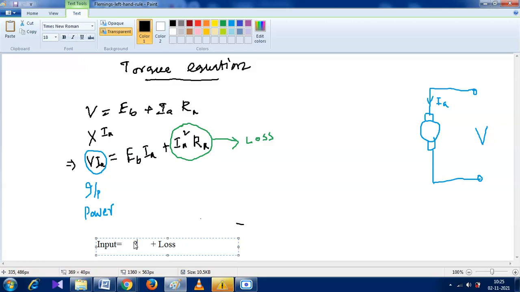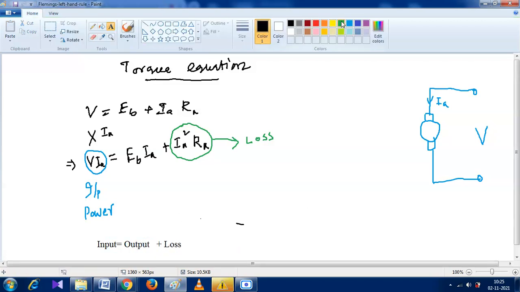You know that equation, input is equal to, there should be something. Input is what? Output. Good. That means this term should be output. So now tell me, what will this part be? This will be output.